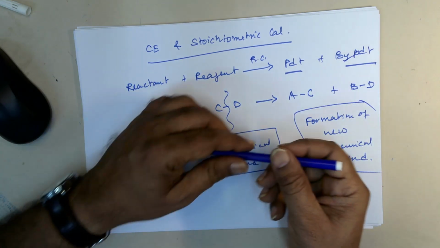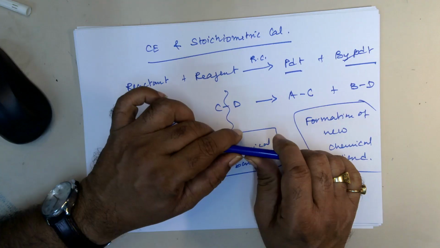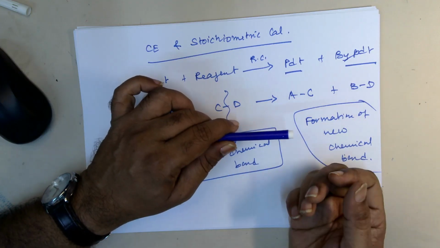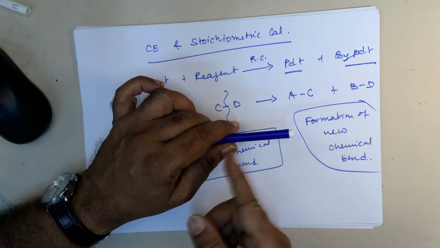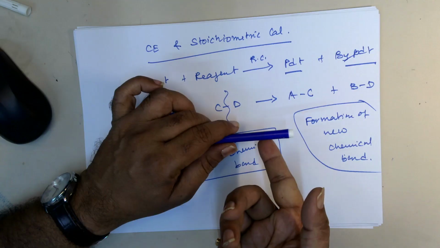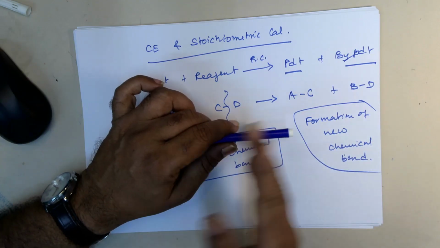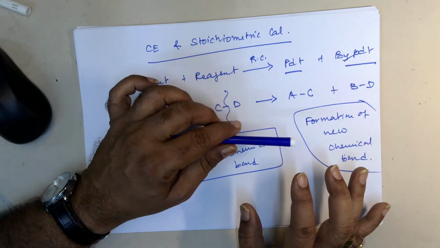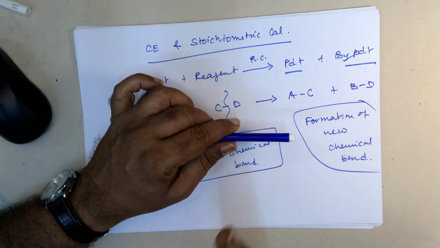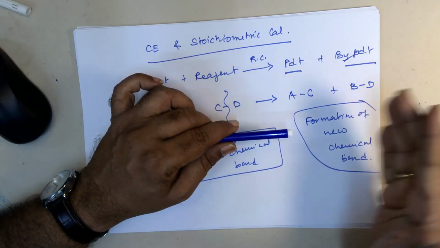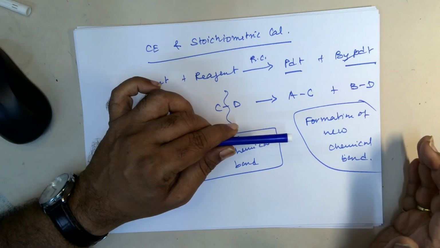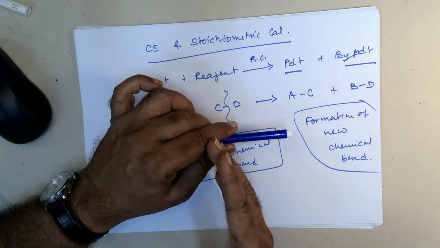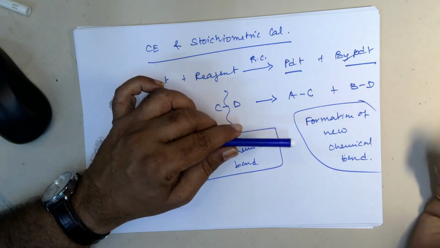If I take a chalk piece like this, when I break it, I cannot say this is a chemical reaction because I am not breaking any chemical bond here. I am just breaking the physical force of attraction that exists between the molecules, right? So when the physical bond is broken, that leads to physical properties. When a chemical bond is broken, that leads to chemical properties.